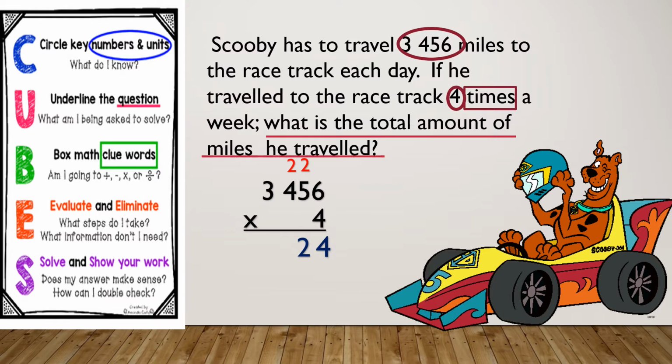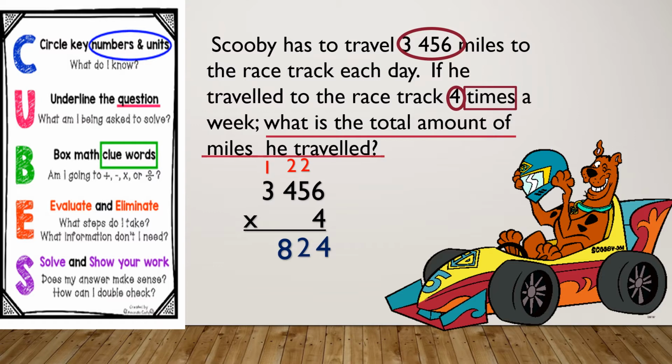Now we must multiply the hundreds. 4 times 4 gives us 16. Plus the 2 gives us 18. So we regroup 18 hundreds as 1 thousand and 8 hundreds. So we put 8 under the hundreds and 1 over the thousands.